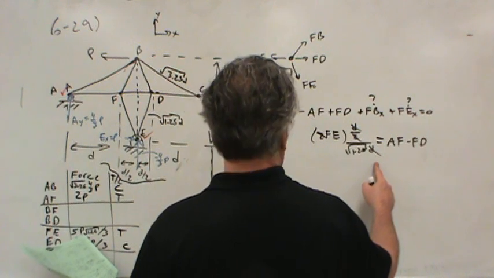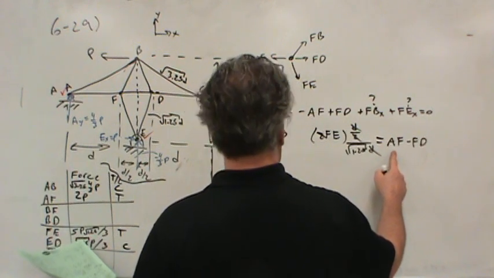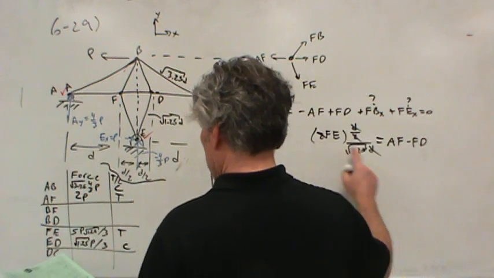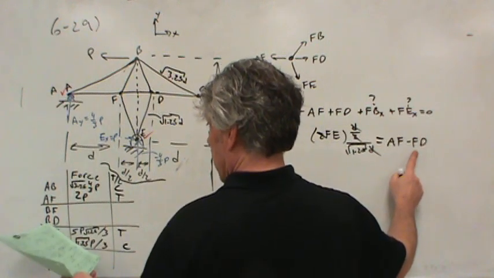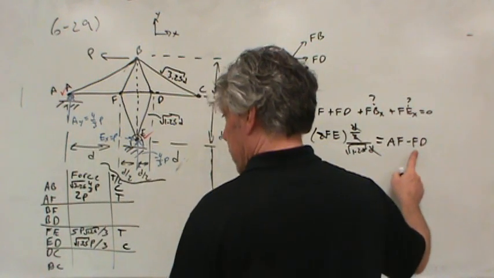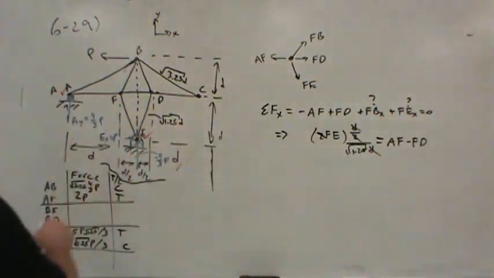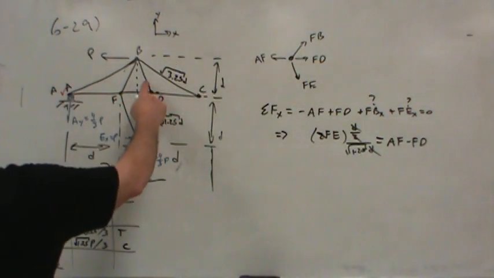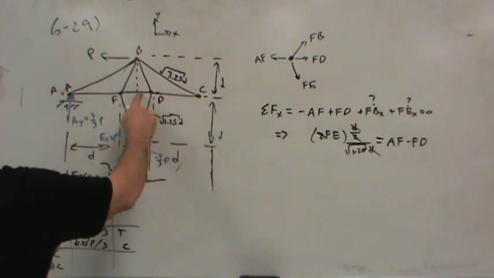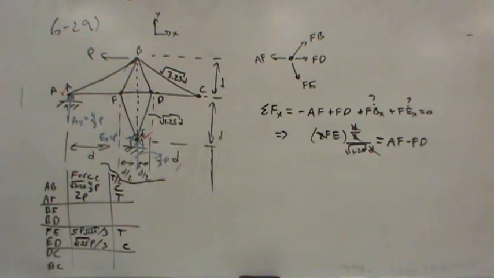I should have solved for what? FD, right? Or DF. Do I not have it over here? 1, 2, 3, 4, 5, 6, 7, 8, 9. Yep, I missed one. What I missed was apparently FD. We'll squeeze it in at the bottom and see if that works.